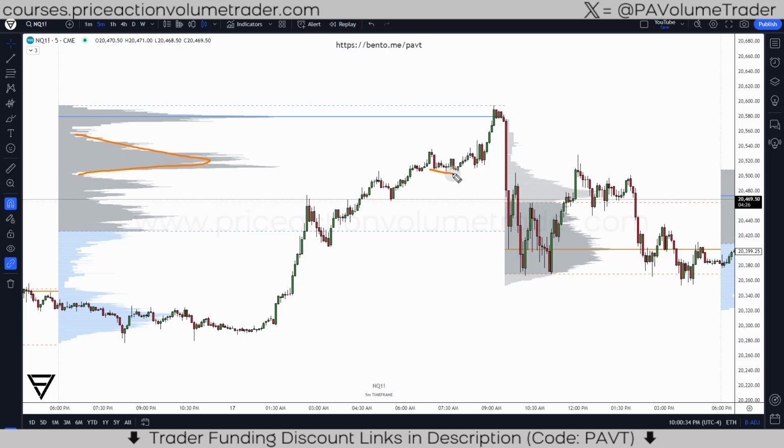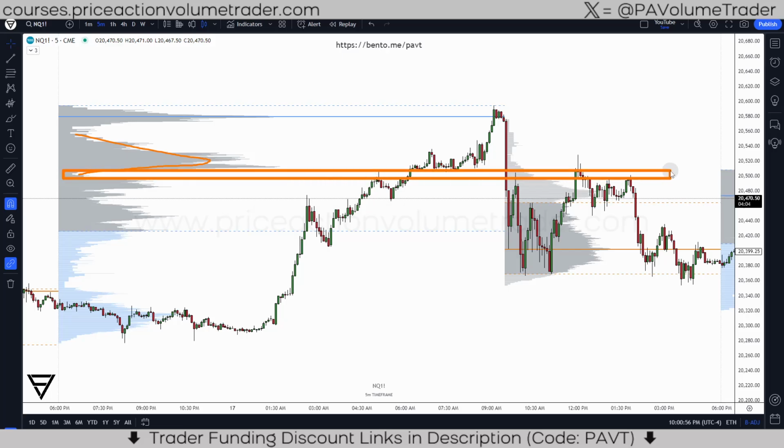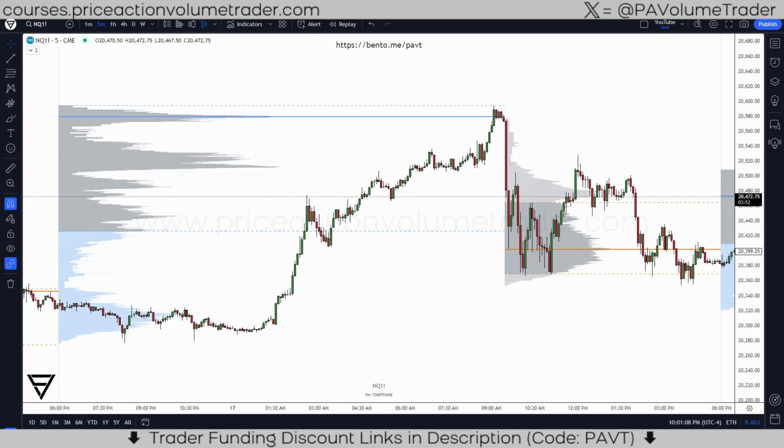We had some significant support right towards the end, around the last 3 hours of the regular trade, in the extended hours. And then you can see when we came back up here, right into this low volume node area, which was the support that we just mentioned, we came back up, and now we're finding resistance from that level there.